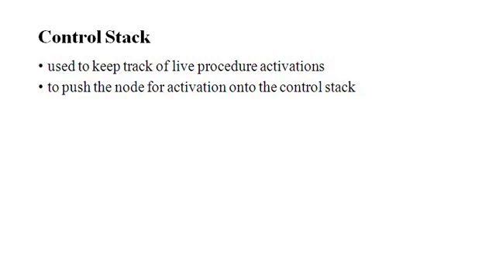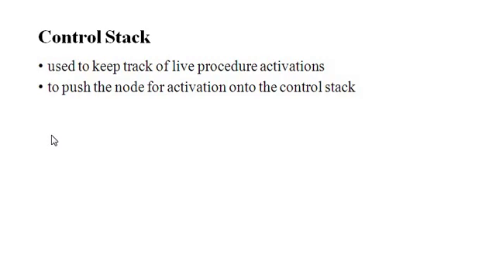Next is the control stack. The control stack is used to keep track of live procedure activations. The idea is to push the node for an activation onto the control stack as the activation begins and to pop the node when the activation ends.